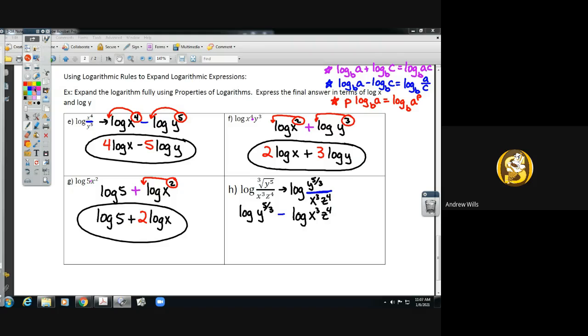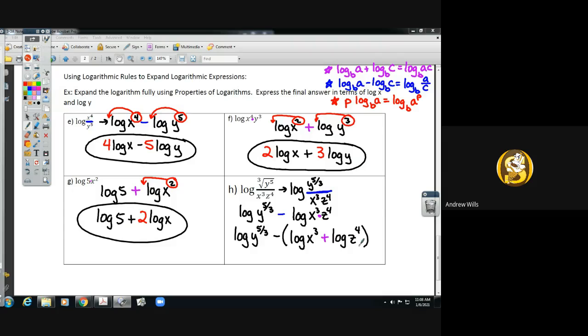Then we should recognize x to the 3rd z to the 4th is a product, which means that this is log of y to the 5/3 power minus (log of x to the 3rd plus the log of z to the 4th).